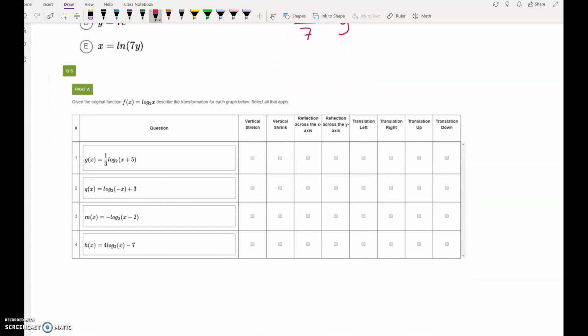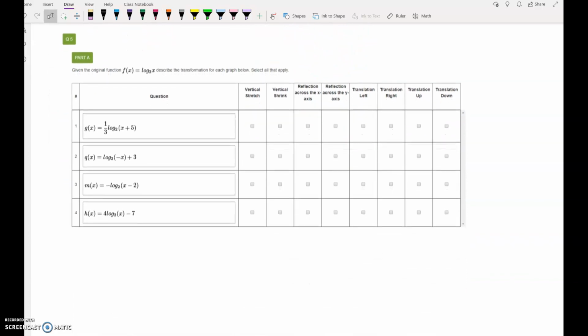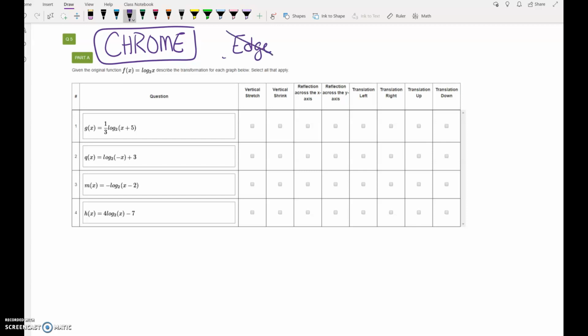Okay, I really like this question, but I don't know how it shows up on your screen. So I want to make sure I spend some time on this problem. I'm also going to give you some hints. First of all, the biggest thing is that you need to be using Chrome. Chrome works for this problem. If you are trying to use Microsoft Edge, it does not work.